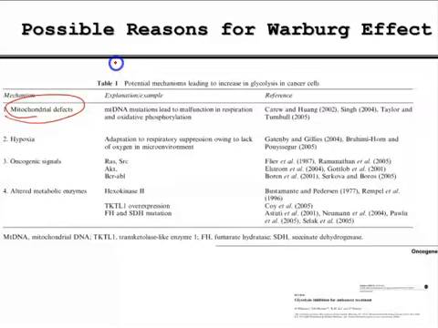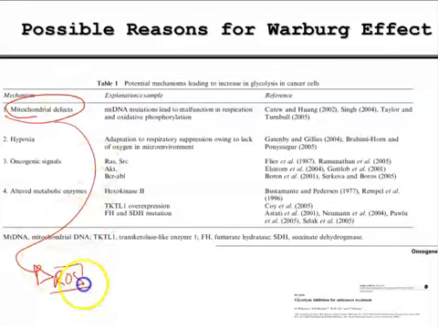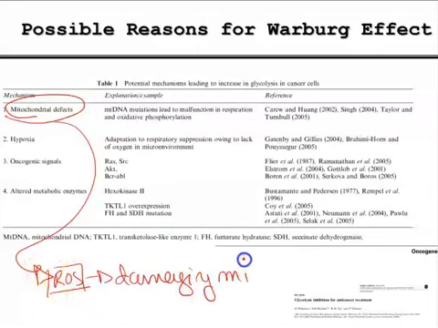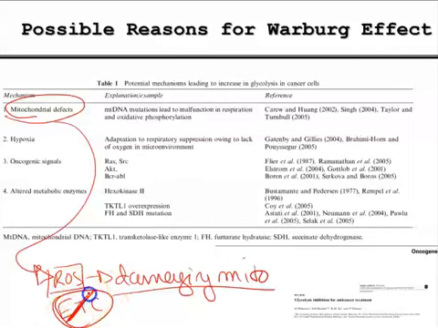If we look at these mitochondria, they are struggling to deal with reactive oxygen species, ROS. And these are damaging the mitochondria. And again, the ETC is not running in these cancer cells.